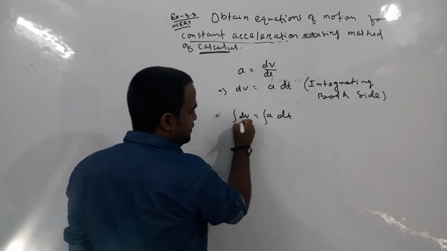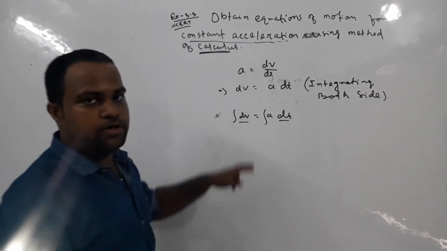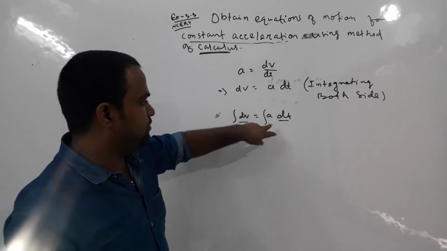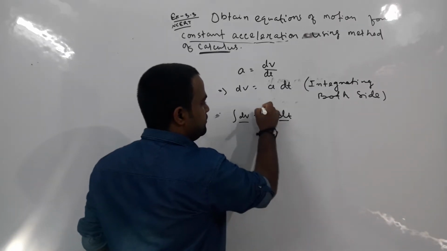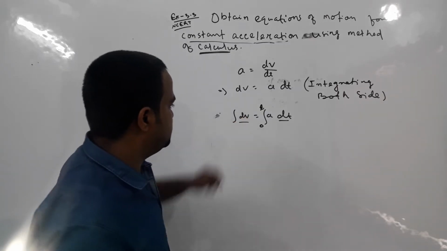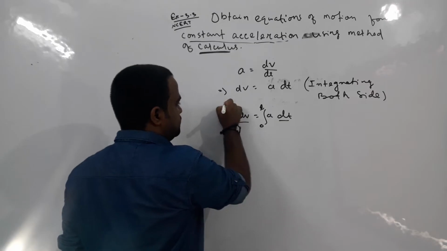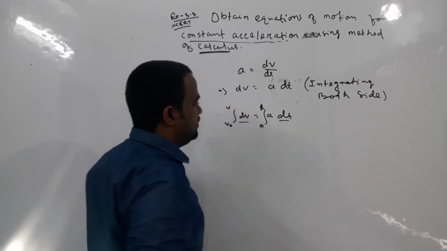See, one variable is v, the other variable is t. So we take the time from 0 to t, and the velocity started from, suppose, v0 to v.